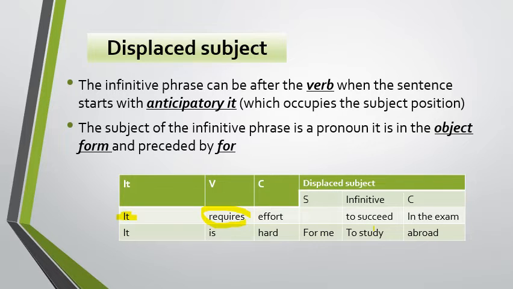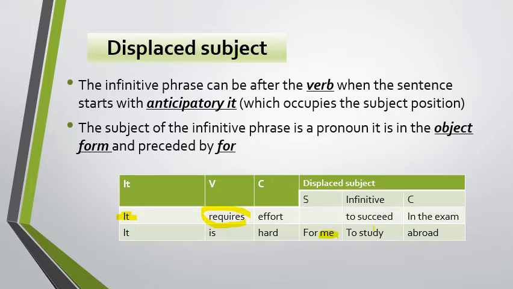The second case is that, even though it's still in the displaced subject position, sometimes the subject of the infinitive phrase is a pronoun. For example, this is the subject, me, of the infinitive phrase.